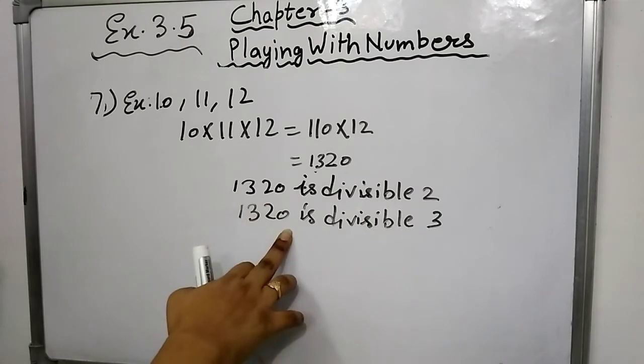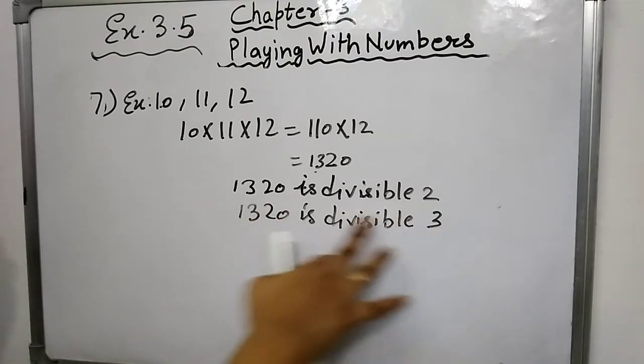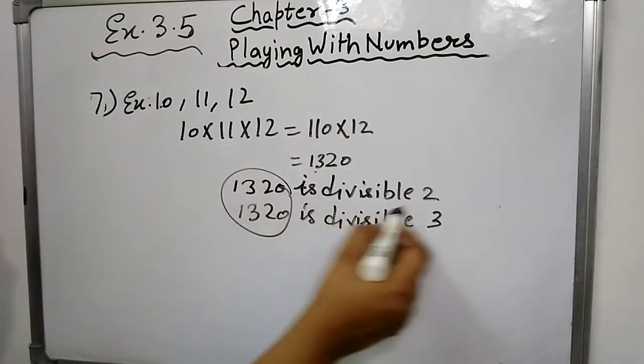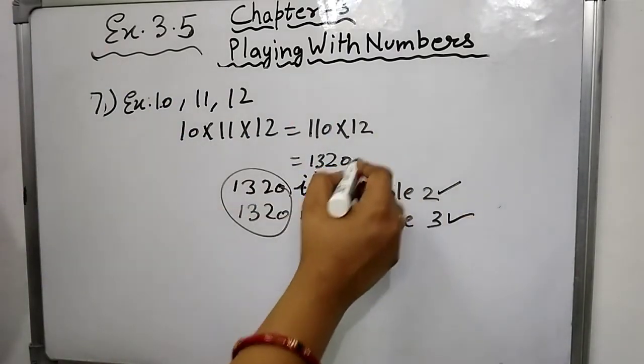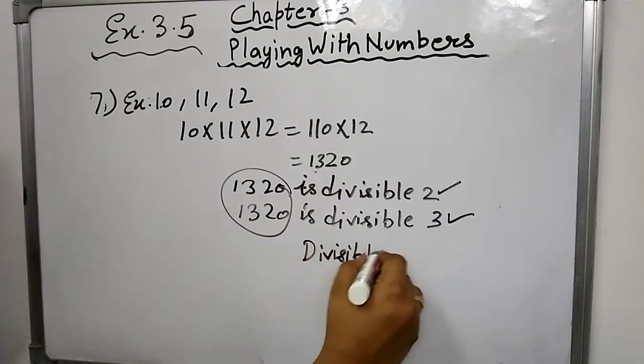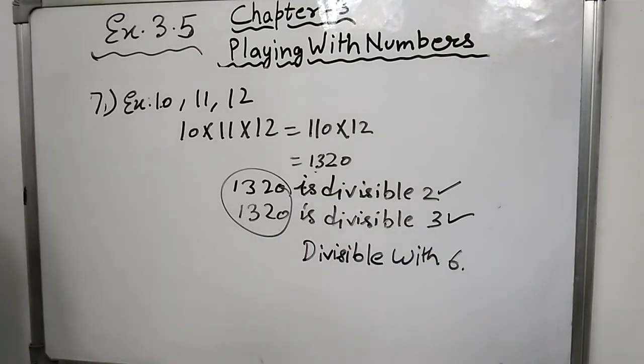Now add all the digits: 3 plus 1 is 4, plus 2 is 6. 6 is divisible by 3, so it is also divisible by 3. When this number is divisible by 2 and 3, that means it is also divisible by 6. Hence the statement is true. We can write other examples also.